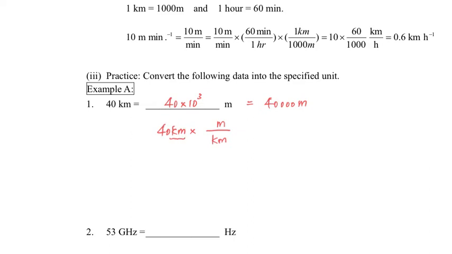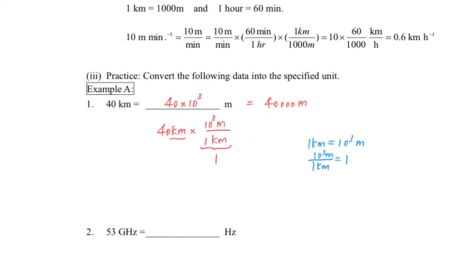Then let's consider 1 km. Since 1 kilometer is equal to 10 to the power of 3 meters, 1 km over 10 to the power of 3 meters is equal to 1. And we make use of this concept. We can use this way to do the unit conversion questions.